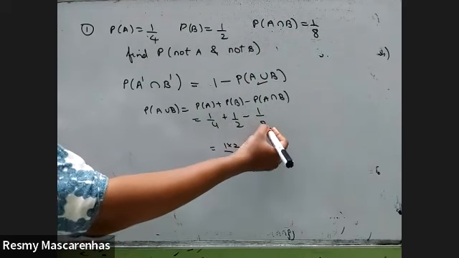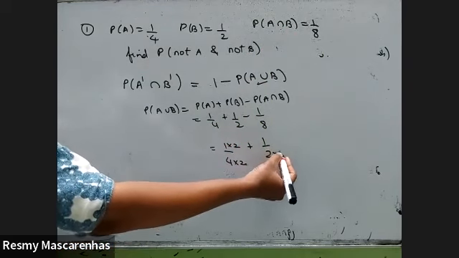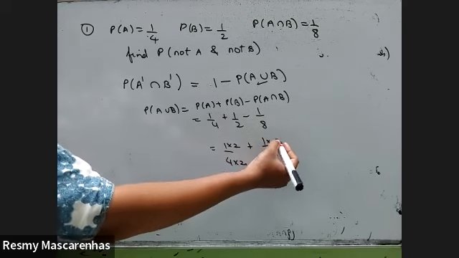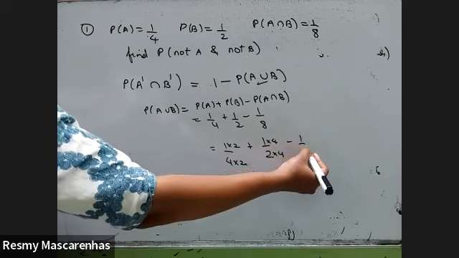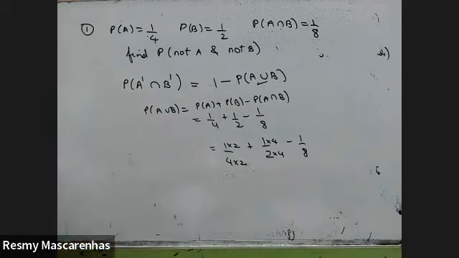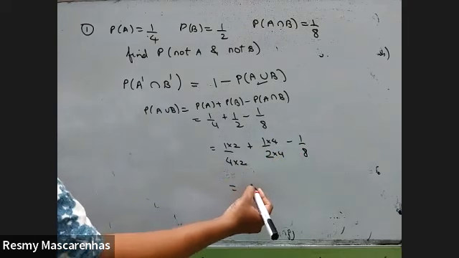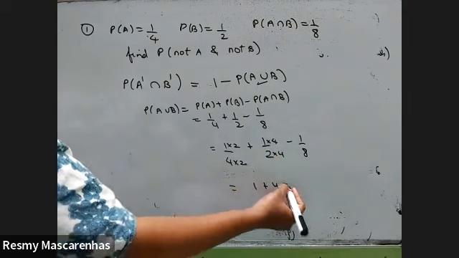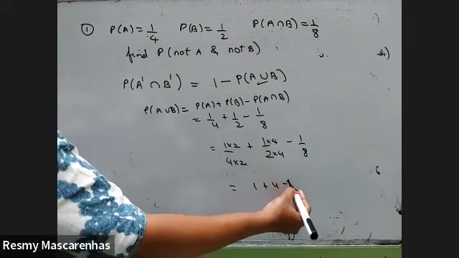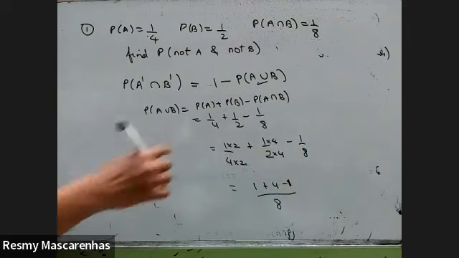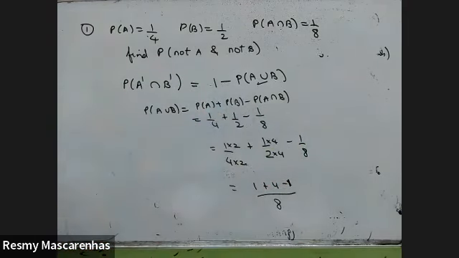Now I want to make this 8, so I multiply it by 4. This is already 8, so nothing to be done there. Now the denominator everywhere is 8. It becomes easier rather than cross multiplying everything and then solving.